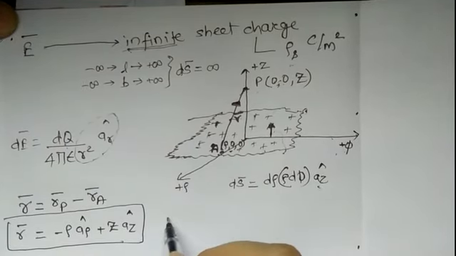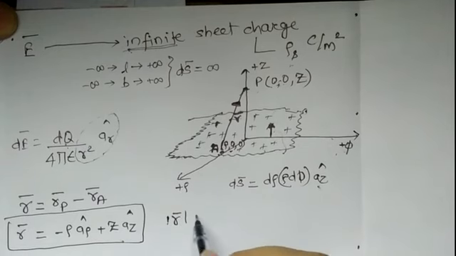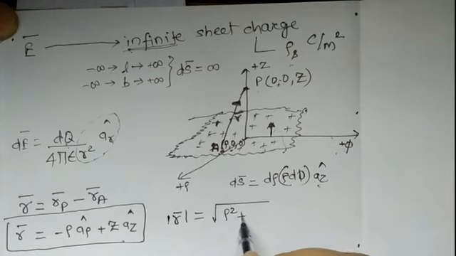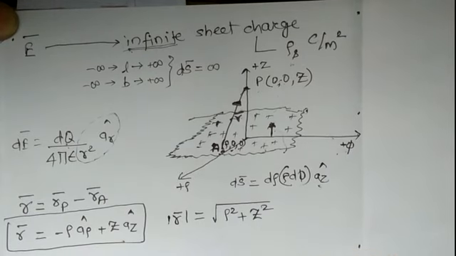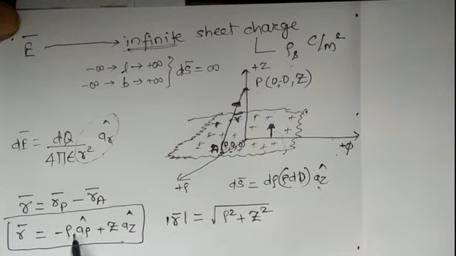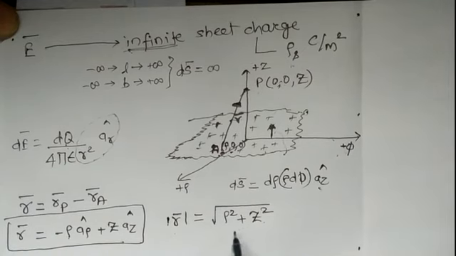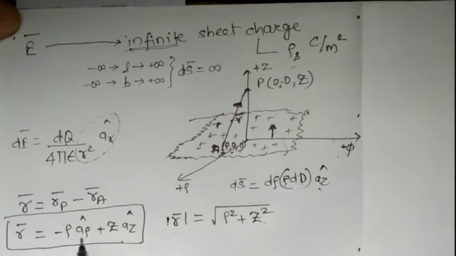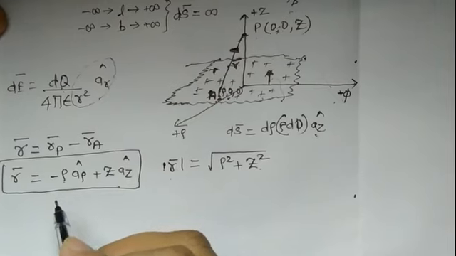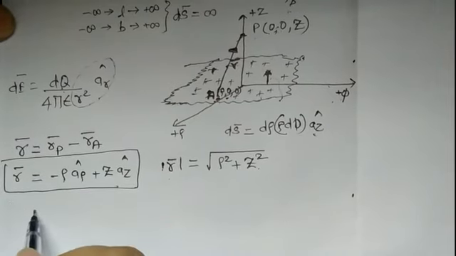Now from this we can calculate the value of mod of r bar, which is equal to the square root of rho square plus z square. Mod of r bar is the square of minus rho plus the square of z, so it will be the square root of rho square plus z square. And therefore from these two values we can calculate the value of ar cap.